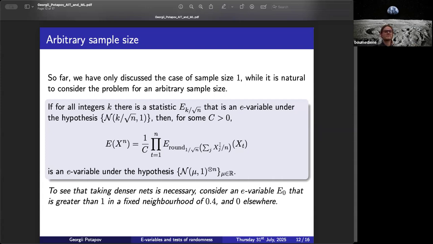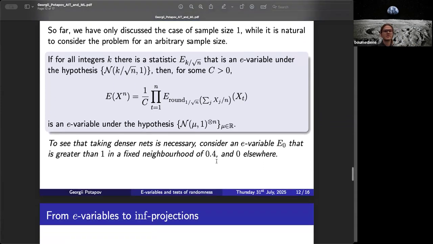So there is no point in using a dense set. But the larger our sample is, the more information we have on what kind of distribution we work with. And so we need a denser net to represent our knowledge.